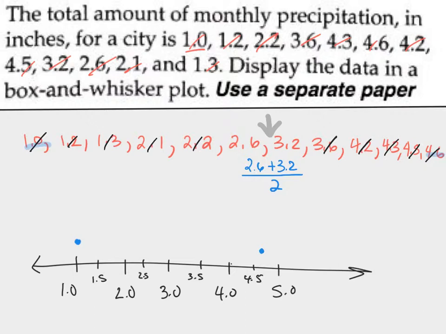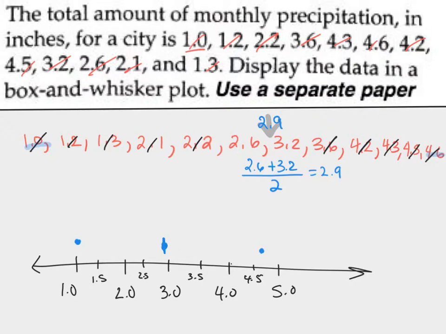When you add 2.6 plus 3.2, you get 5.8, and divide by 2 and you get 2.9. That means that the median is 2.9. So we're going to go to the number that's really close to 3.0, which is right here. Just above it, draw a line through it because that is my median.